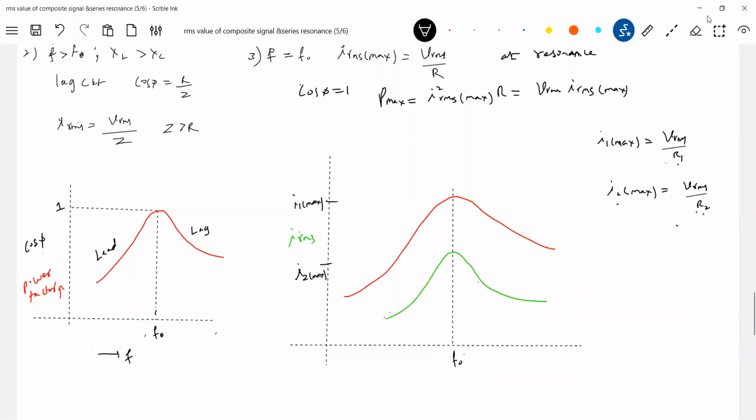This is R2. So how are the impedances, if I plot impedances for this? Because at resonance, what is the impedance equal to? Only the resistance.